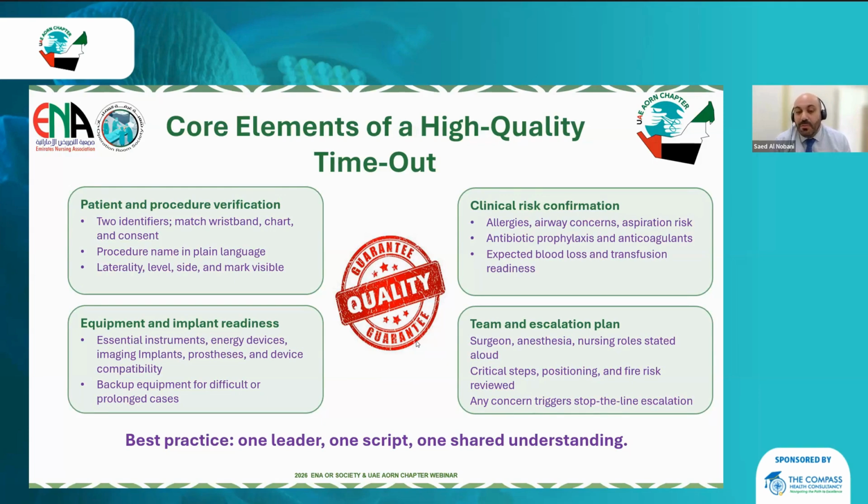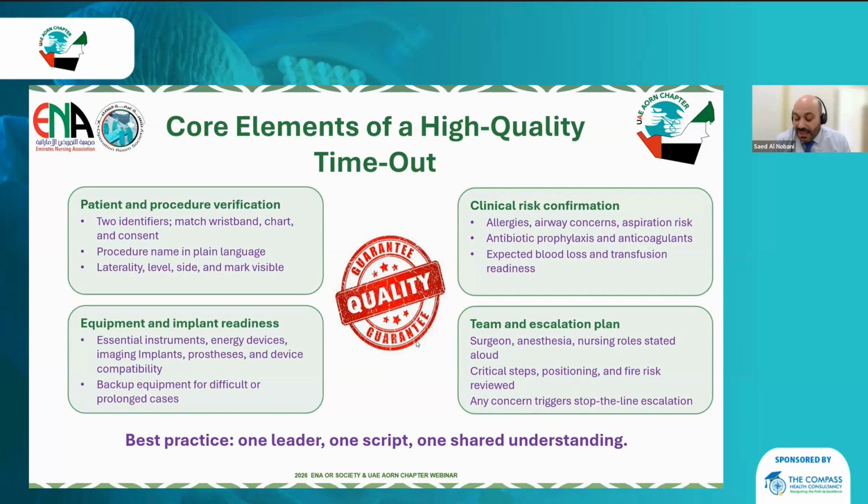For example, if I want to check the quality of the timeout in the OR, first of all I need to make sure that I have two identifiers for the patient. I have to match the wristband. I have to make sure I have proper charting, proper consent, and proper identification.